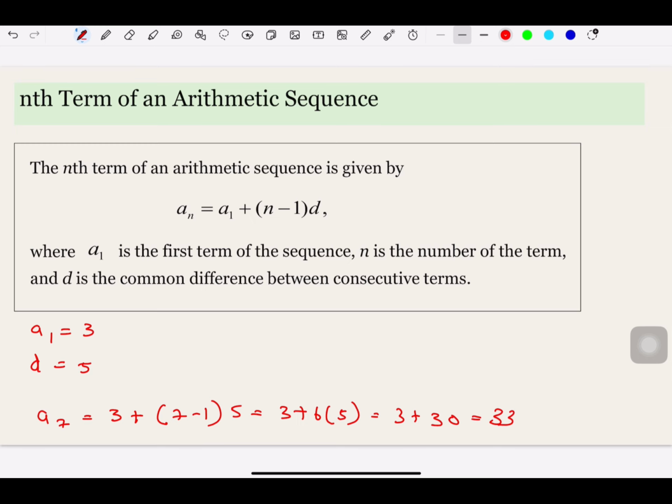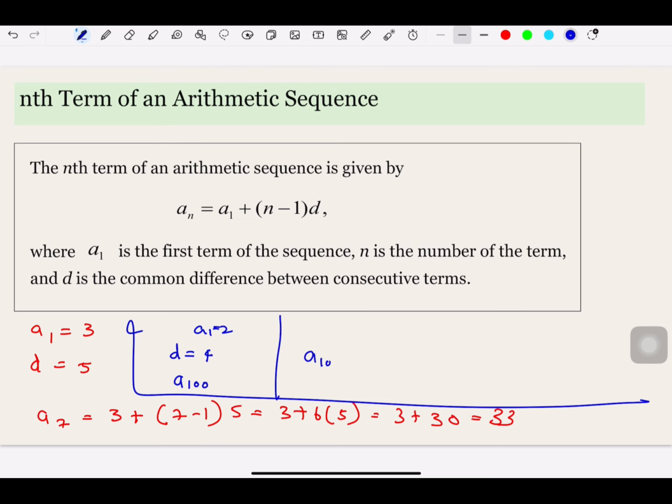So let's try another example. Let's say your first term is 2 and the common difference is 4, and you're looking at the 100th term. To evaluate a sub 100, you add the first term to 100 minus 1 times the common difference, 4.